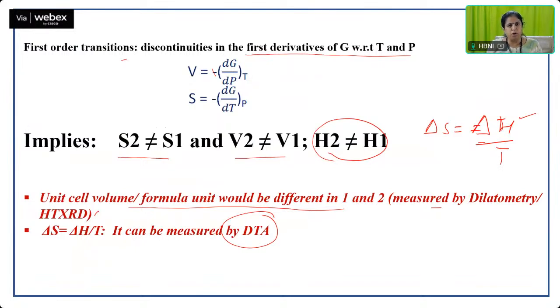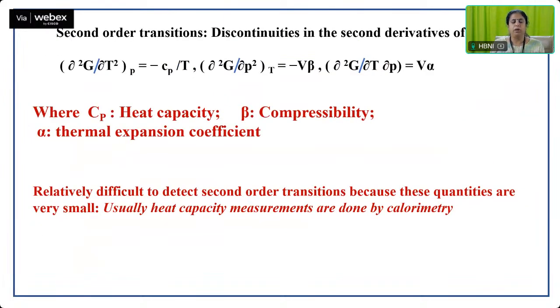If you record XRD from room temperature to 1200 in your high temperature machine, and your phase transition is supposed to happen at 850, you will observe a distinctive change in cell parameter at the phase transition. If you are doing it by dilatometry, there will be a distinctive change in volume at the phase transition temperature.